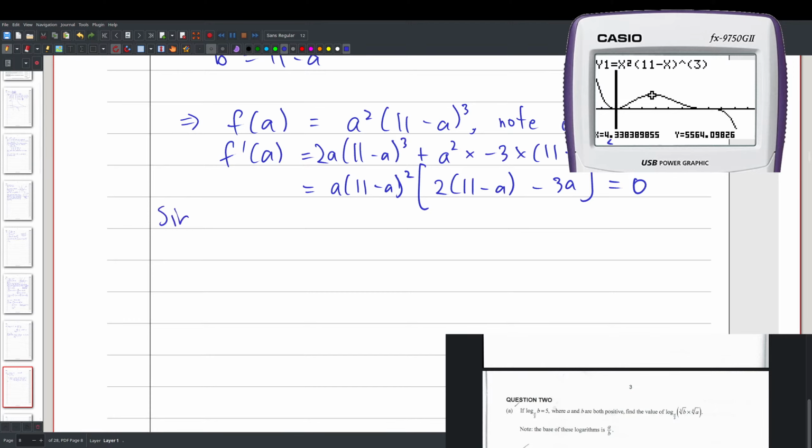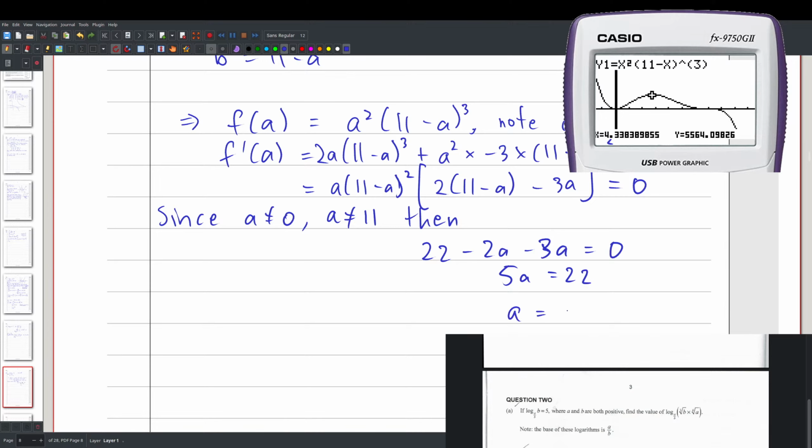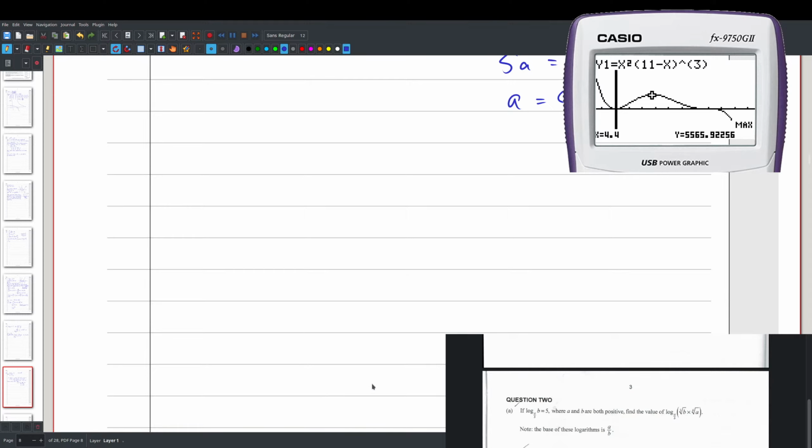Since a is not 0 and a is not 11, then 22 minus 2a minus 3a equals 0. 5a equals 22. A equals 4.4. Alright, now we check this, right? We go G-solve, and then we go max. Y at x equals 4.4. Let's go. Alright.